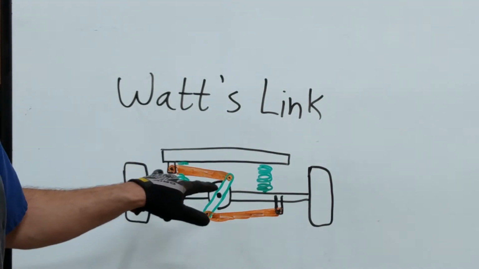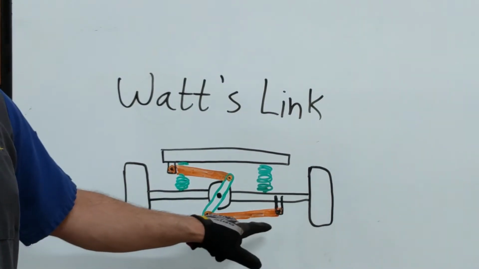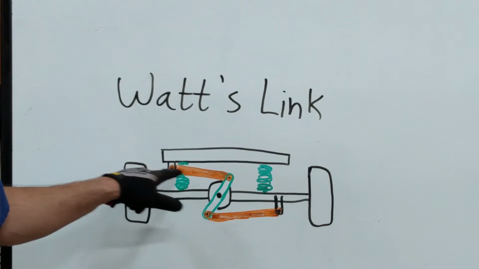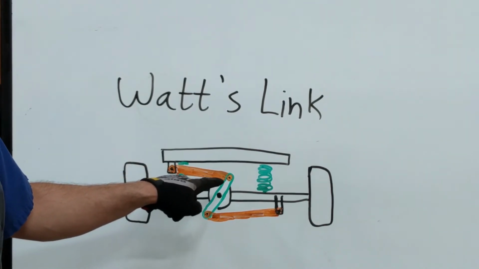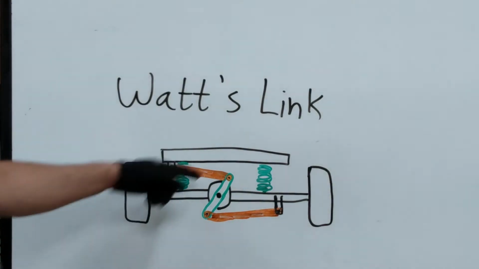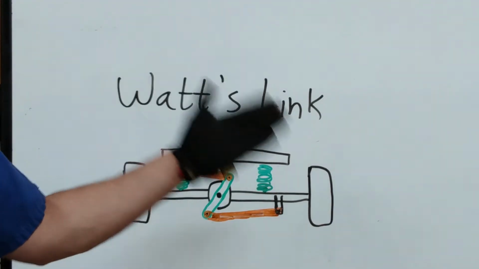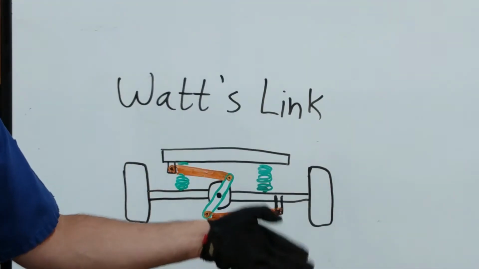Then it is connected to the chassis from one end of the link to the axle, and from the opposite end of the link to the chassis. As the suspension compresses and rebounds, these links, these bars, are going to move on a radius just like a track bar.